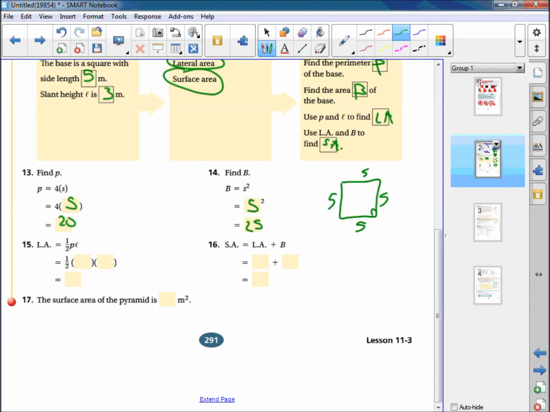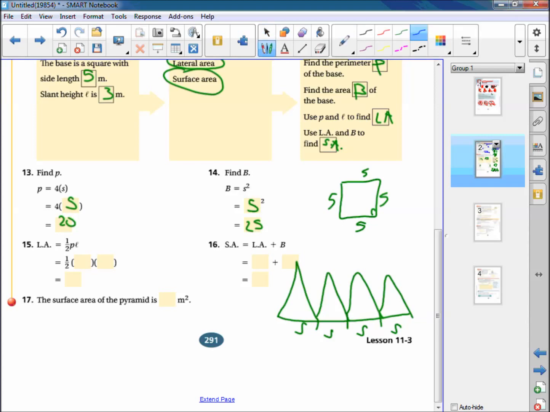And then we want to find the lateral area. So remember, if we unfolded this square, we'd have 4 equal parts of 5, and each one of those is going to have a triangle attached to it. All of those triangles have a height which is the same as the slant height, so these are supposed to be a height of 3.